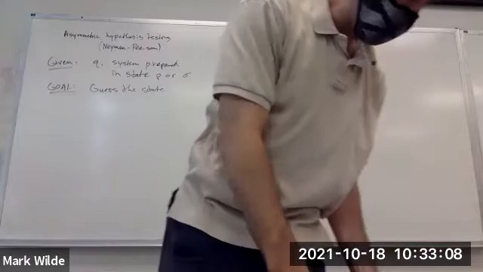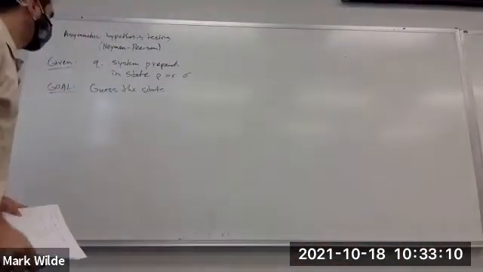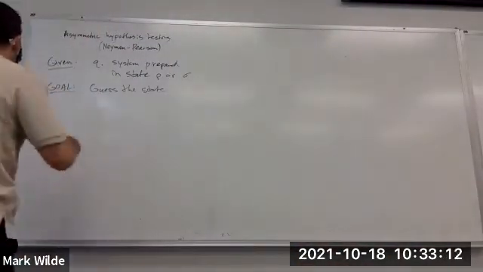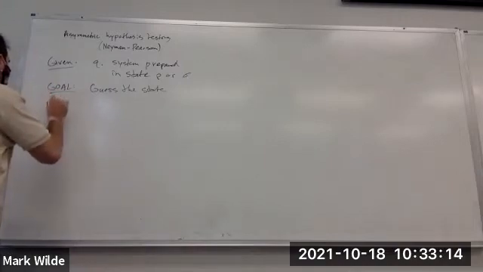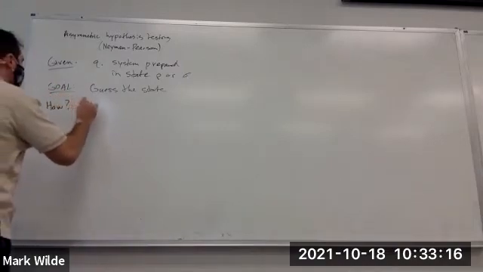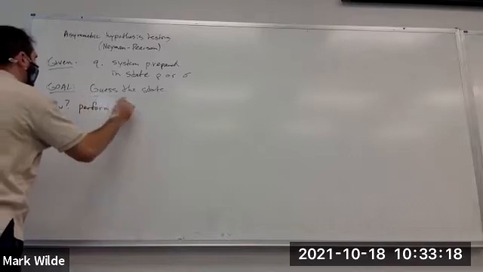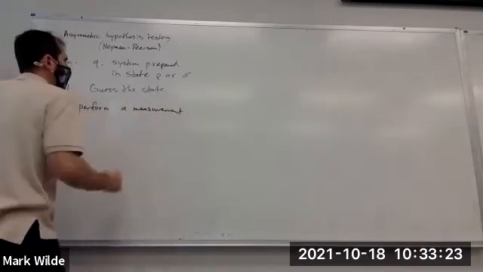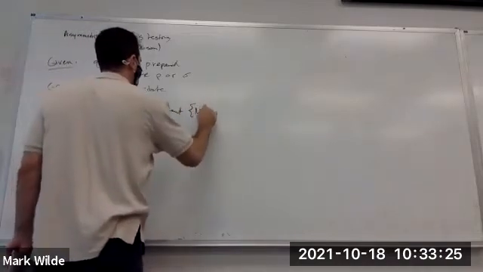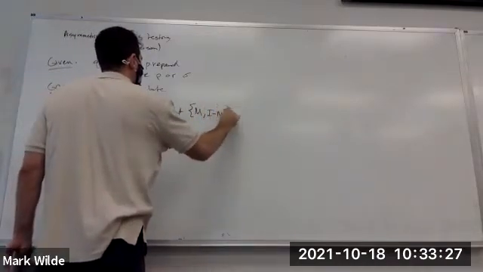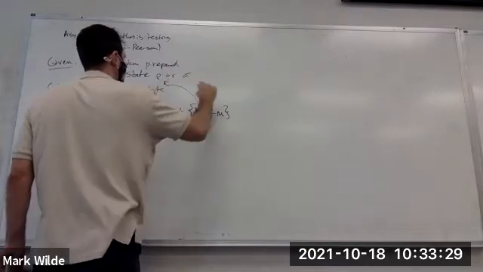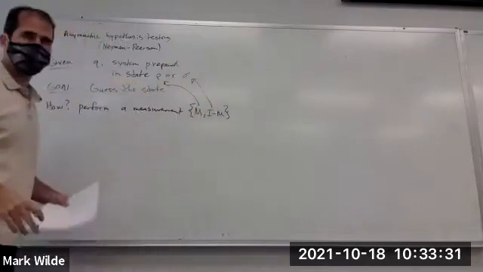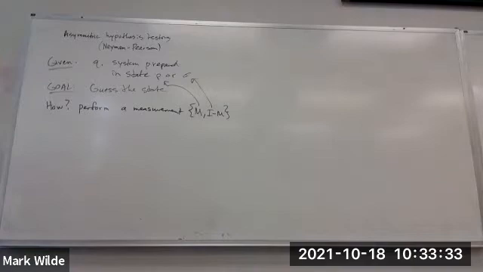How do you do so? You perform a measurement. It's a binary measurement. We'll call it M and identity minus M. If you get the outcome M, it means you're guessing rho. If you get the outcome identity minus M, it means you're guessing sigma.